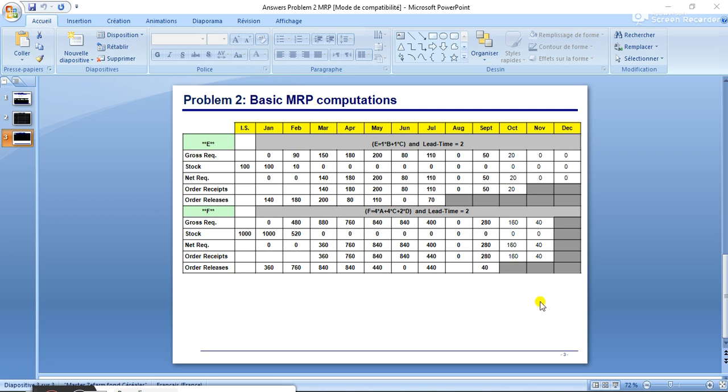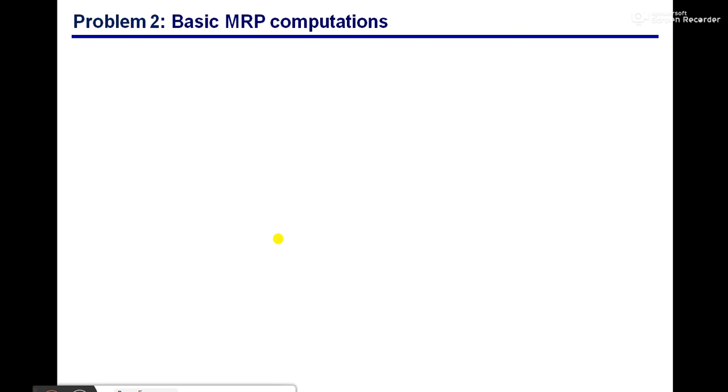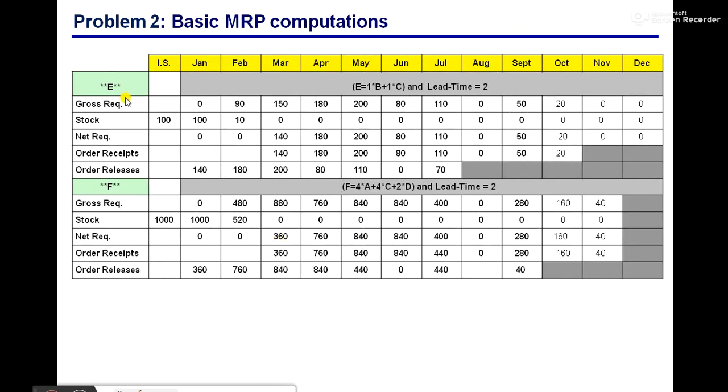Okay, so for product E, we have the gross requirements, which are deduced the same as I explained for the other products.